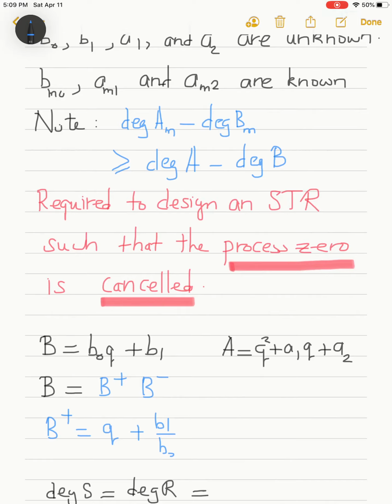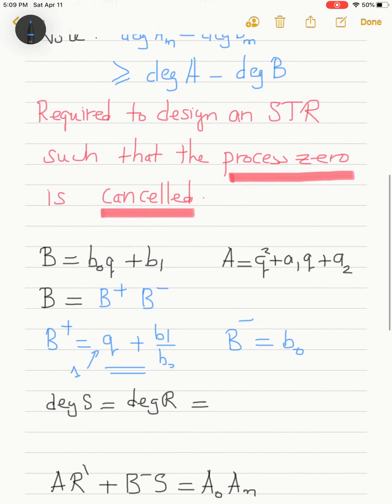And we said that B plus has to be monic, which means that since this is a first order polynomial, the coefficient of q to the highest degree, q to the power 1, has to be equal to 1. That's why we call it monic. Consequently, B minus will be just b0, a constant.